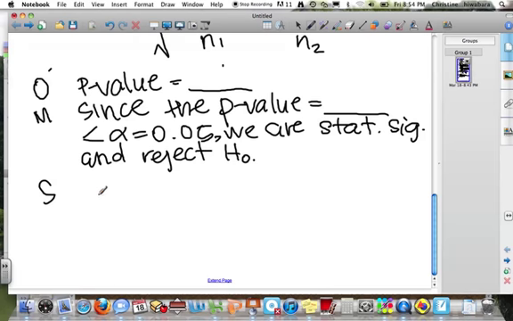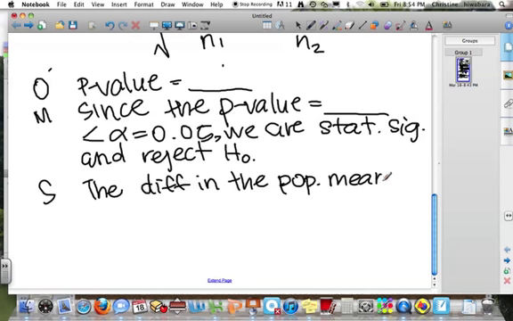So the last one is to state your conclusion in context, and you would say the difference in the population means is not equal to 0.